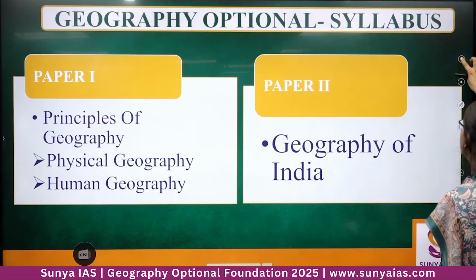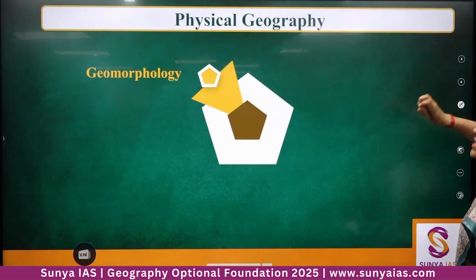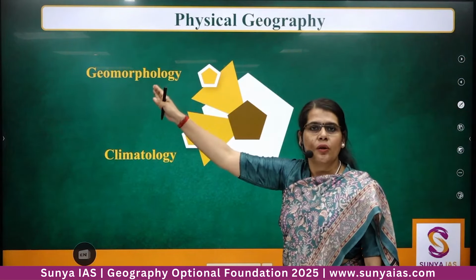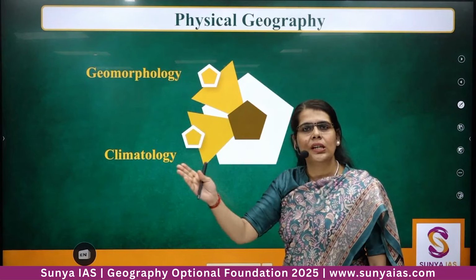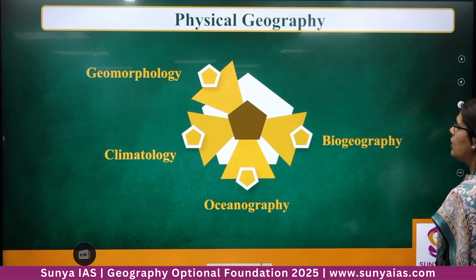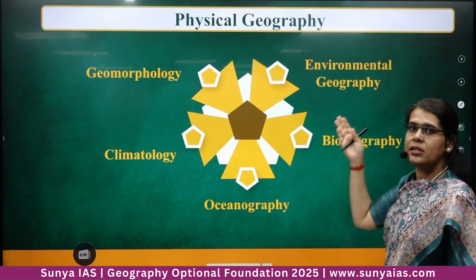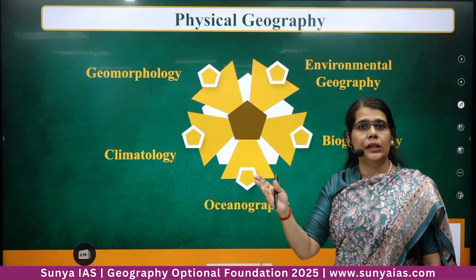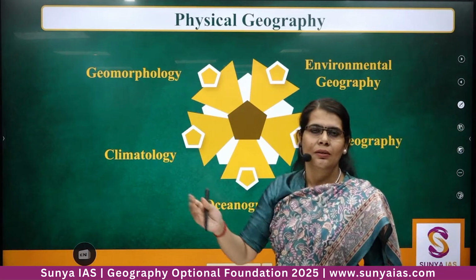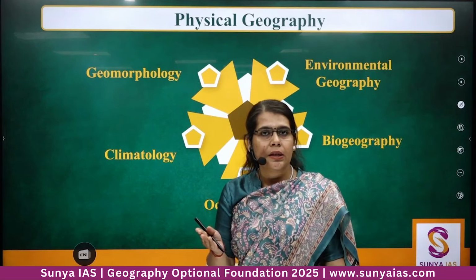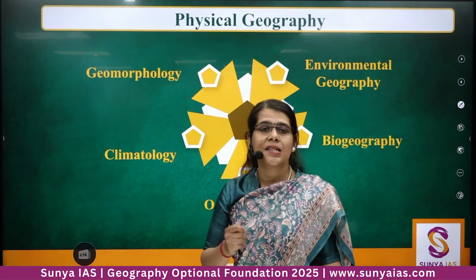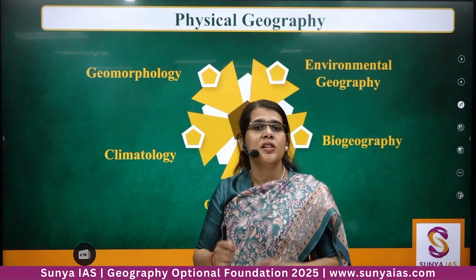Then let us understand the syllabus disintegrated into different units. In physical geography, that is paper 1, section A, the units are geomorphology, climatology, oceanography, biogeography, and environmental geography. These are the 5 important units in paper 1, section A. Whenever you are studying for the Geography Optional Foundation, you must understand the changing pattern of the optional paper.